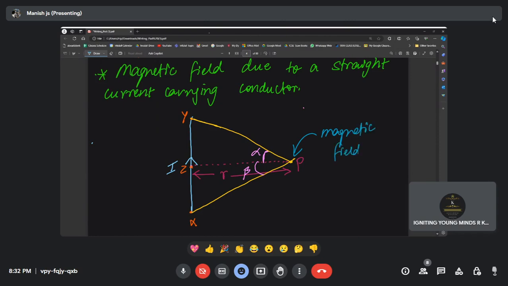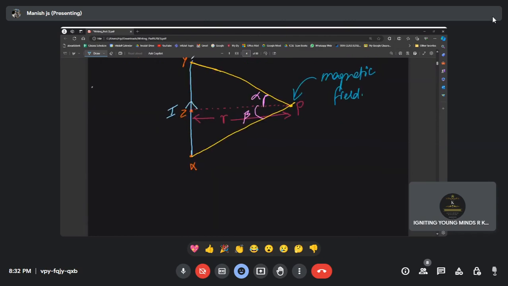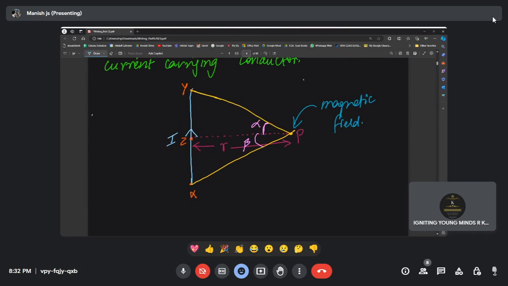What is the magnetic field at P due to the straight current carrying conductor? The expression goes like this: B is equal to mu naught I upon 4 pi r times (sine alpha plus sine beta).